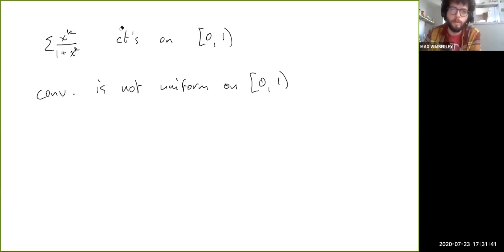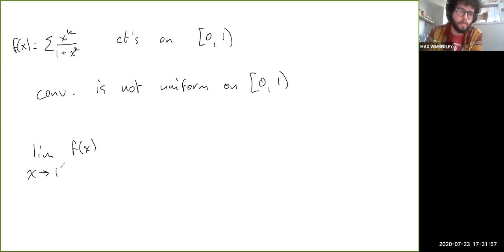The function is continuous, but it diverges, like the limit of the function itself. If this is f of x, then the limit as x approaches 1 of f of x from the left is infinity.